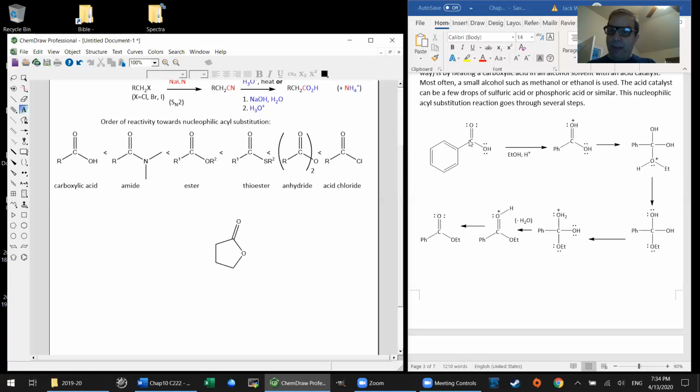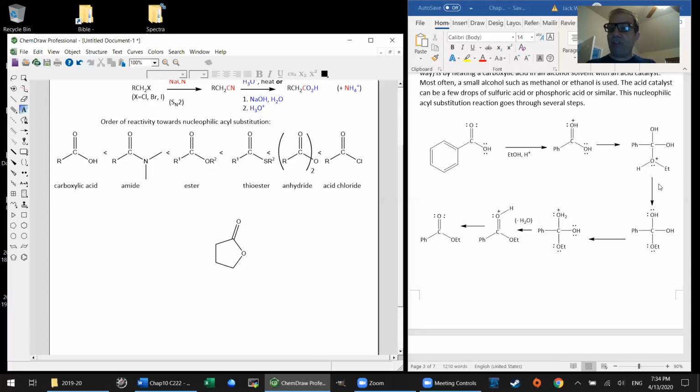But it's under acidic conditions, so we protonate our carbonyl oxygen as before. Now we're ready for our nucleophile, ethanol, to attack our carbonyl carbon. And then we are going to have some proton transfer steps. This is very typical for reactions in acidic medium, because we want to set up the reaction for loss of a water molecule.